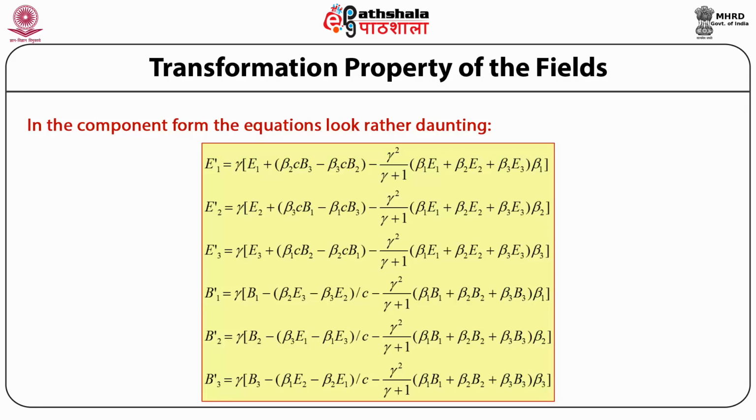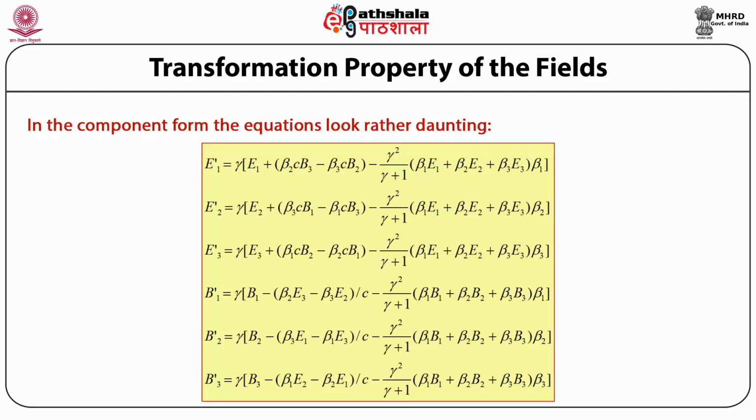B prime subscript 1 is equal to gamma whole bracket open B subscript 1 minus within brackets beta subscript 2 times E subscript 3 minus beta subscript 3 times E subscript 2 by C, minus gamma square upon gamma plus 1 within brackets beta subscript 1 times B subscript 1 plus beta subscript 2 times B subscript 2 plus beta subscript 3 times B subscript 3 whole times beta subscript 1 whole bracket close.